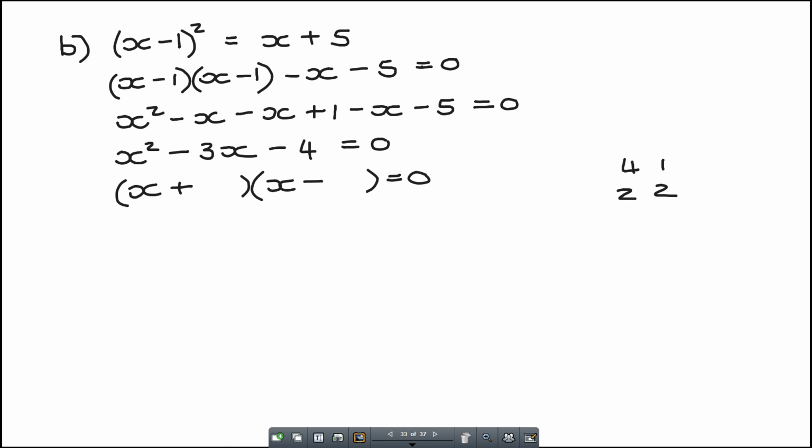So I will say minus 4 plus 1. So (x - 4)(x + 1), which means that x will be minus 1 or x will be 4. Who got that? Good. Great.